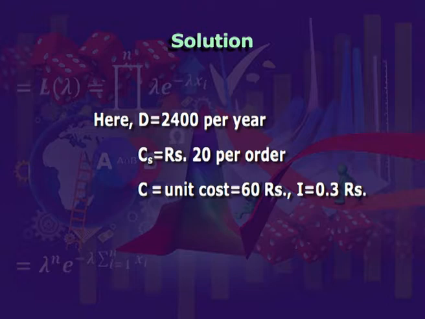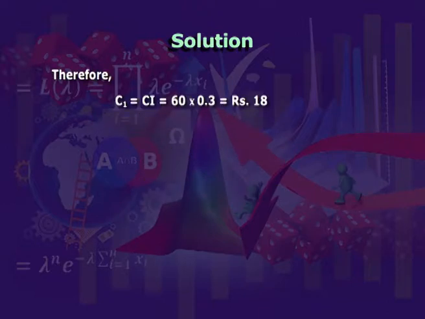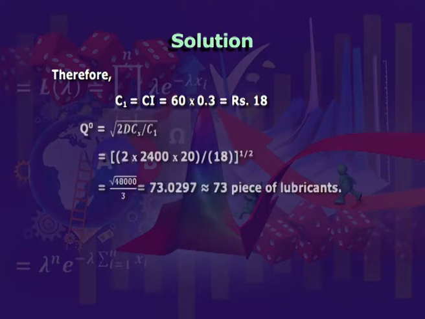Here we denote capital D equal to 2400 per year, CS equal to rupees 20 per order, C equal to unit cost which is 60 rupees, and I equal to 0.3 rupees from the given information. Therefore, C1 equal to C into I gives the value 60 into 0.3, which becomes rupees 18, and economic order quantity Q0, with formula under root 2 into D into CS upon C1.